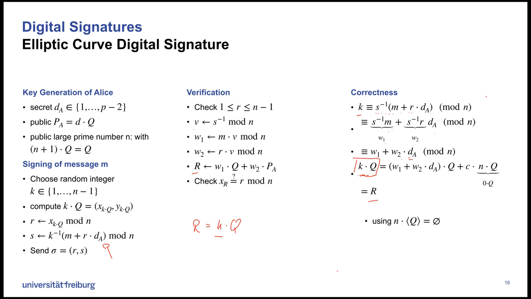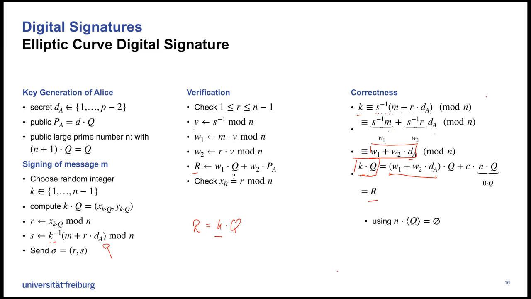Since s to the minus 1 times k is defined like that, if you plug it in, we get these values, which are now the same as W1 modulo n.